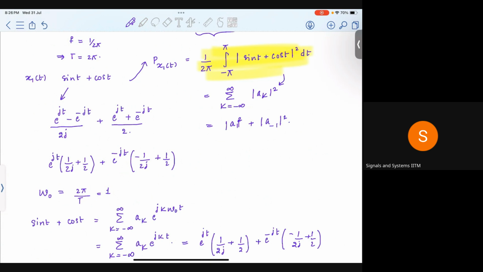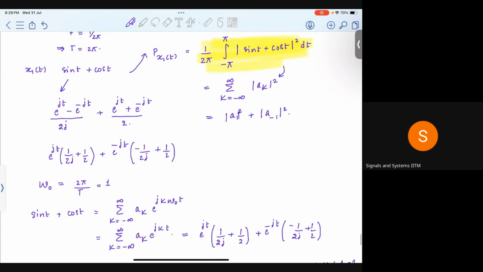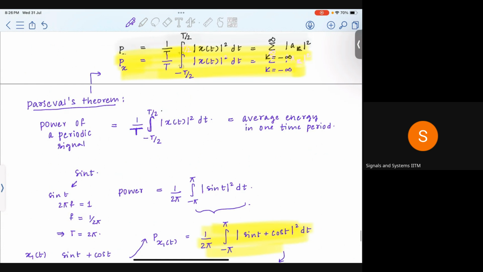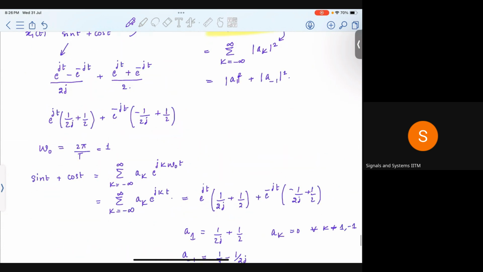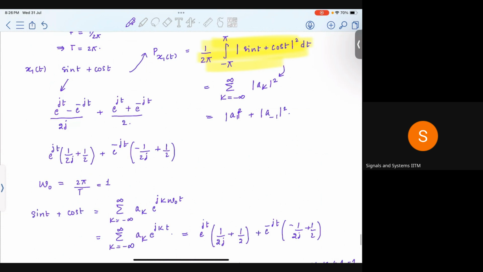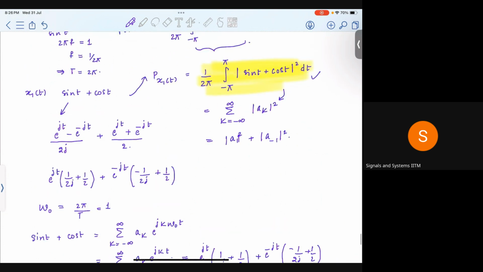Okay, so where mod is the absolute value. This is the whole idea when it comes to Parseval's theorem. You can just plug in and evaluate the power. If you want, you can calculate this separately, and you can verify that both turn out to be equal.